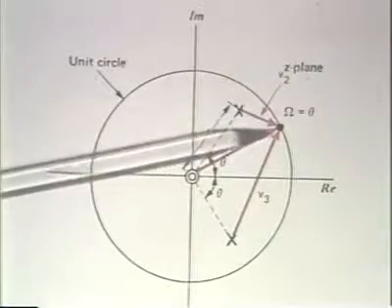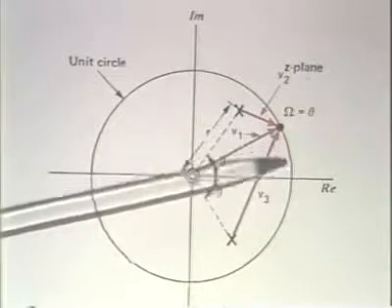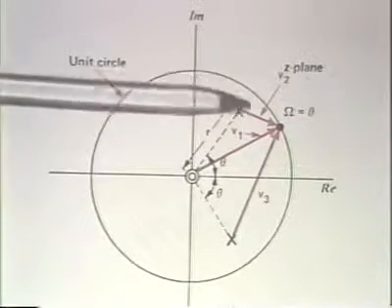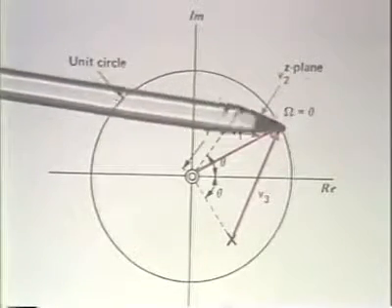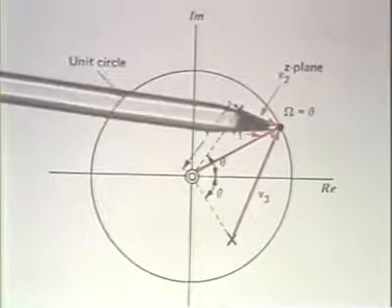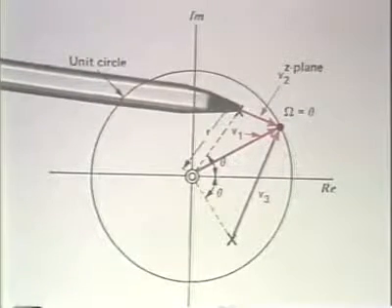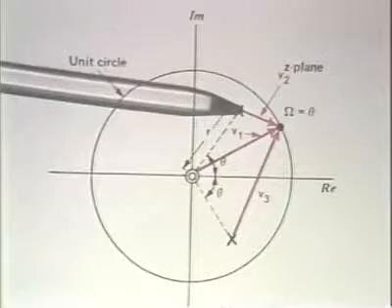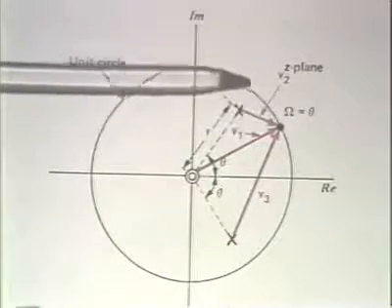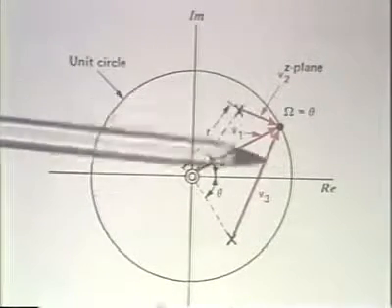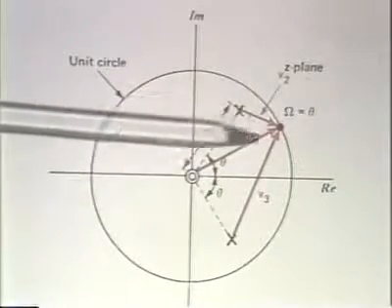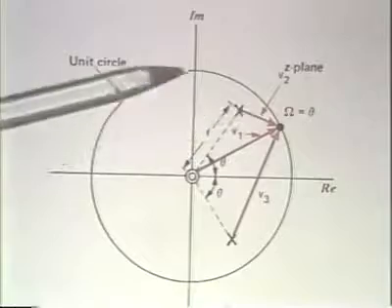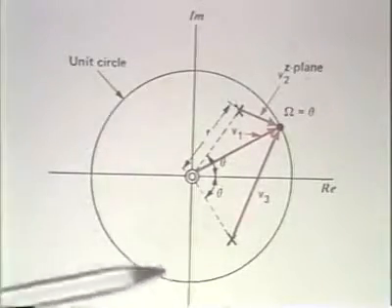And one thing that we observe is that as we move in frequency omega in the vicinity of this pole, the pole vector, in fact, reaches a minimum length. That would mean that its reciprocal would be maximum. And then as we sweep past, the lengths of these two vectors would increase. The zero vectors, of course, would retain the same length no matter where we were on the unit circle.